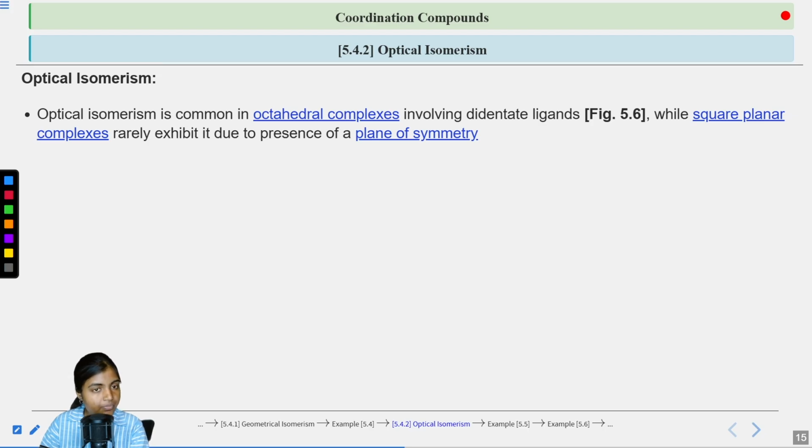So the optical isomerism you commonly observe is in octahedral complexes, in which the central metal is bonded to six ligands. It can also involve bidentate ligands. Bidentate means two donor atoms present in the same ligand, like ethylenediamine, which we will see in figure 5.6.